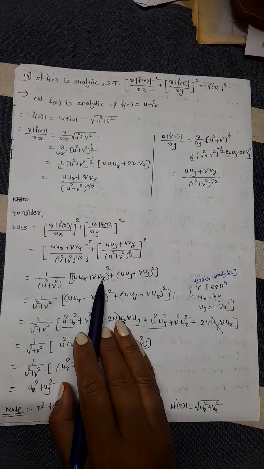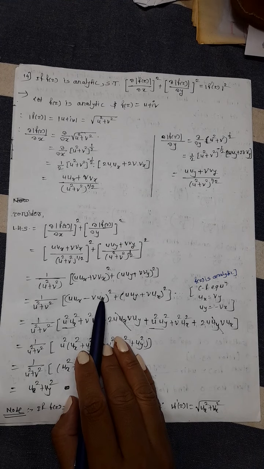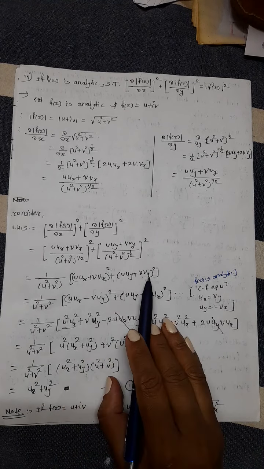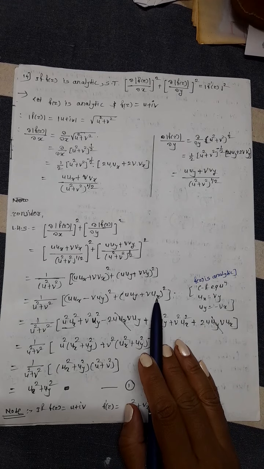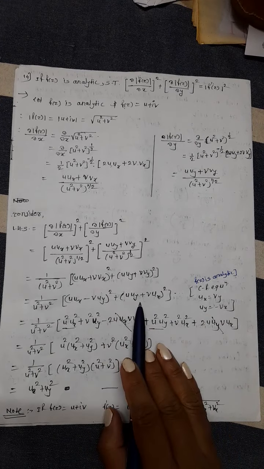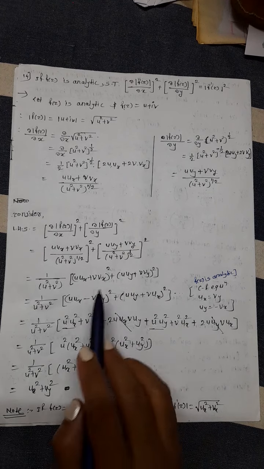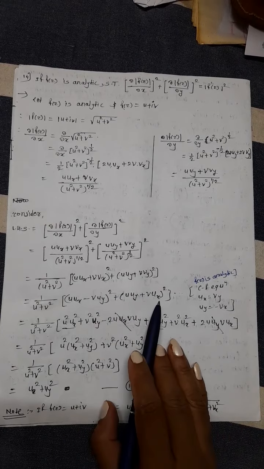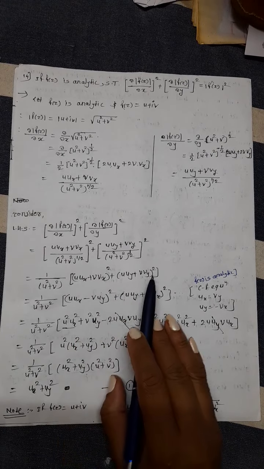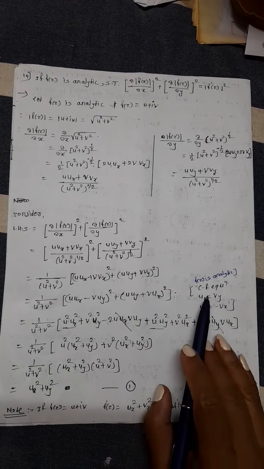Now put here the vx value as minus uy, and the vy value as ux. Keep the rest of the terms as they are. We just replace vx and vy using the CR equations, minus uy and ux.